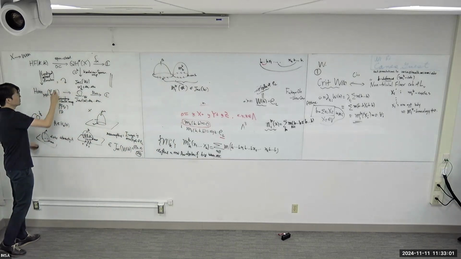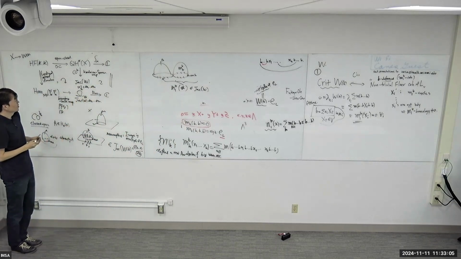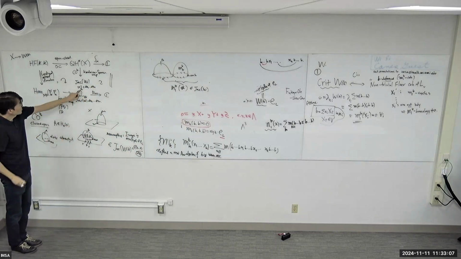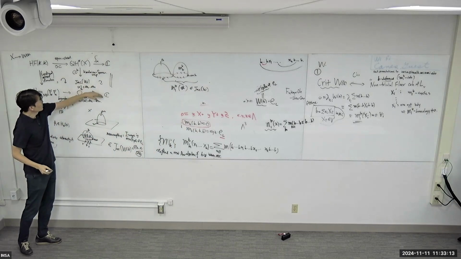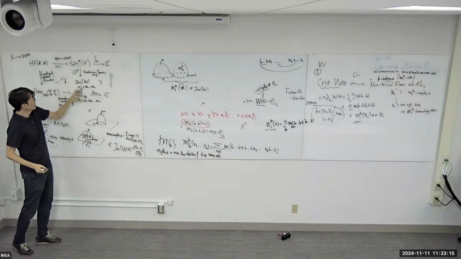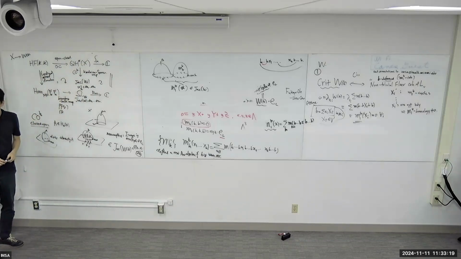This diagram is known to commute in some cases, and this constant has some geometric meaning: the equivalence of pairings on the symplectic side and the complex side. If you are more curious, ask me later.